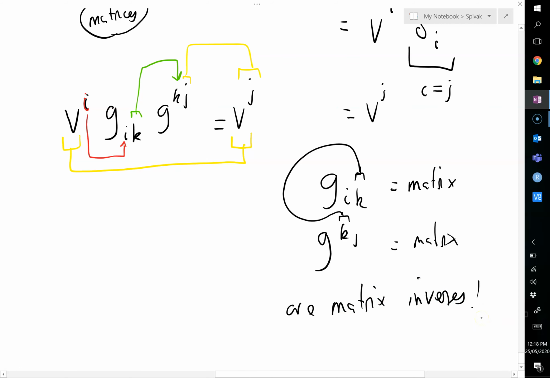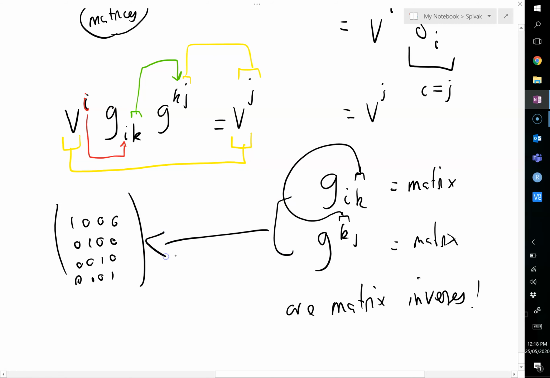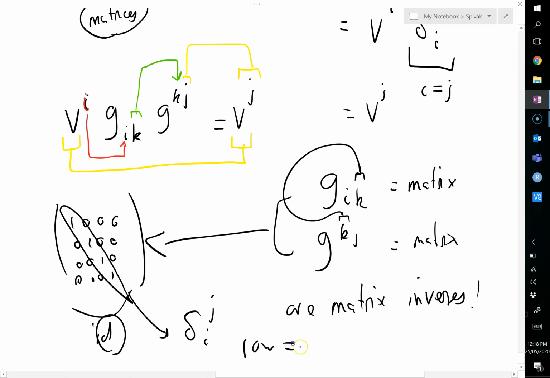What a fantastic result. They're matrix inverses, so when you multiply them as matrices, they give you the identity matrix. Just that. 0, 1, and I guess you could put more zeros on either side if you really wanted to. So that's equal to the matrix product of these guys here, which is the identity matrix, of course, which is another way of saying the Kronecker delta, because the Kronecker delta just picks out the major diagonal where the row is equal to the column.